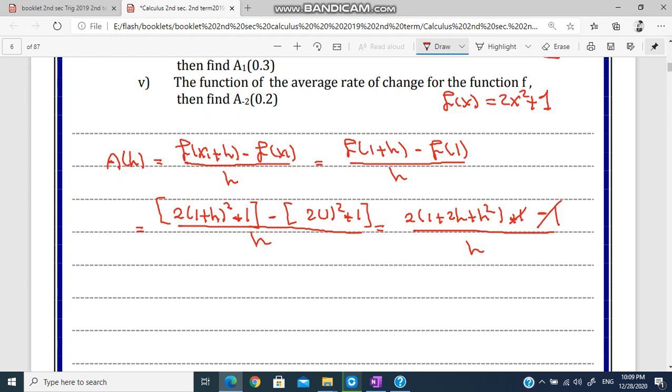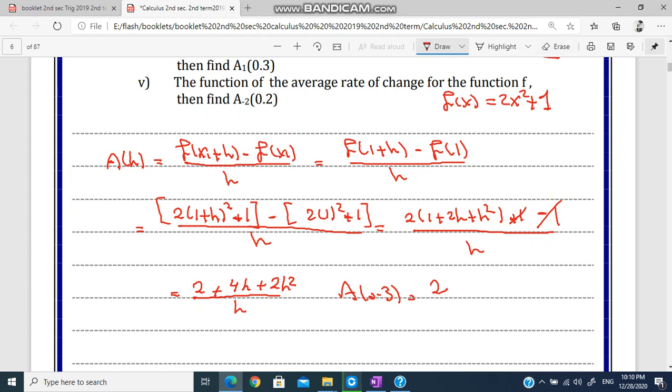So 1 and 1 will be cancelled, and you have here 2 times 1 equal 2 plus 2 times 4h plus 2h power 2 all over h. By substitution about h equal 0.3, we have a mistake here.